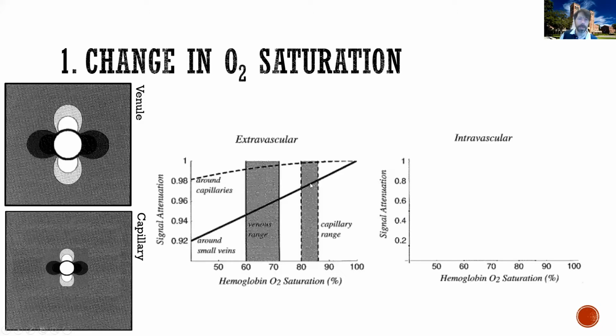This line here is the rest line. So if there is deoxyhemoglobin, this line tells you, for example, that for capillaries, the amount of attenuation in T2, in other words, how much faster the T2 signal decays, or how much faster protons dephase with respect to each other, compared to if this were entirely homogeneous.